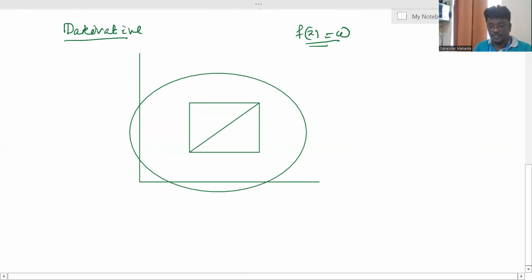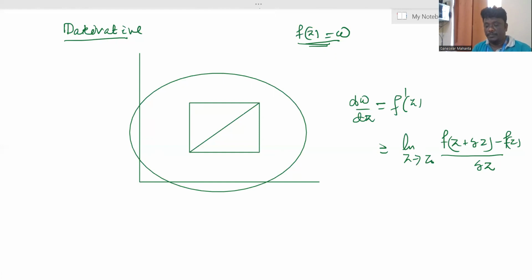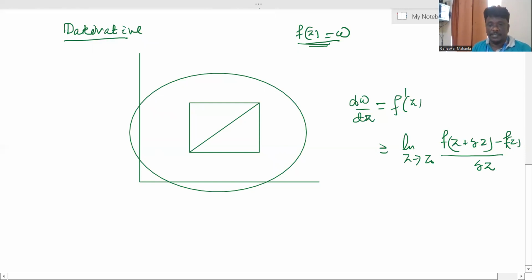When we find the derivative of this complex function, we can write d omega by dz, which is related to the limit as delta z tends to 0 of f(z plus delta z) minus f(z), divided by delta z, provided that the limit exists and has the same value in the different ways in which delta z approaches 0. If the limit exists, then you can find the derivative of the function.